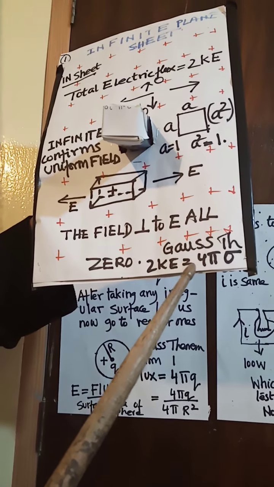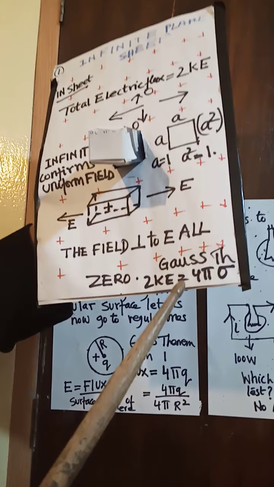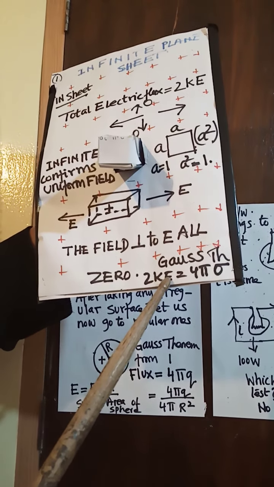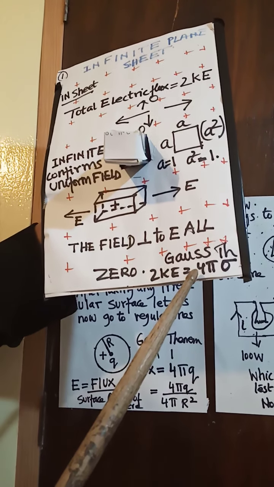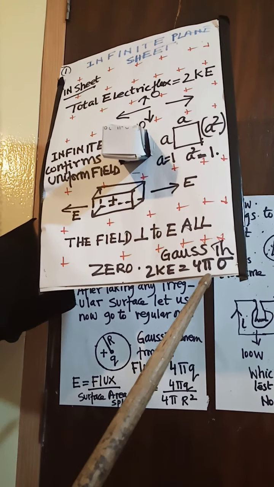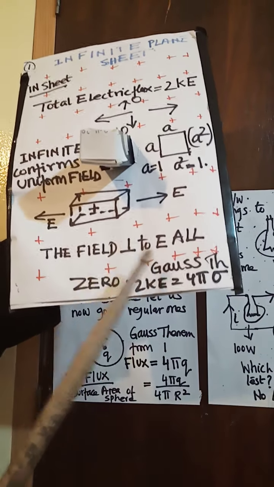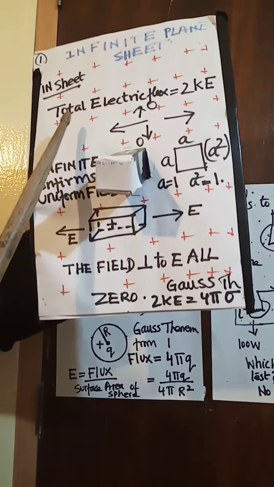So from here, we will get the intensity. The electric field intensity will be 4 pi sigma by 2k. So it will be 2 pi sigma. So this is one of the problems we'll get from the intensity of the electric field.